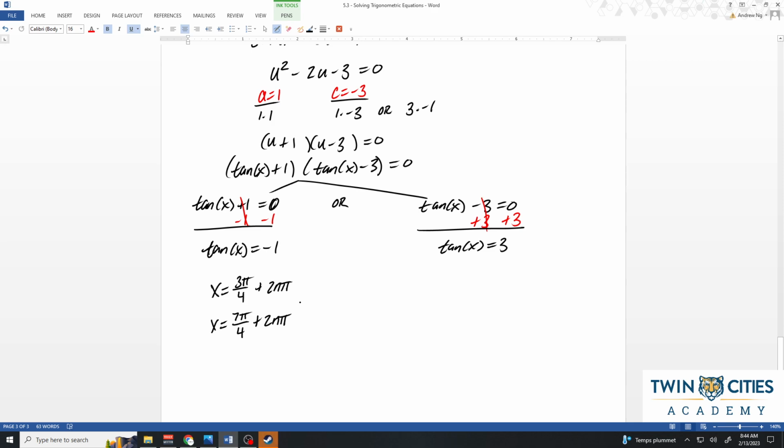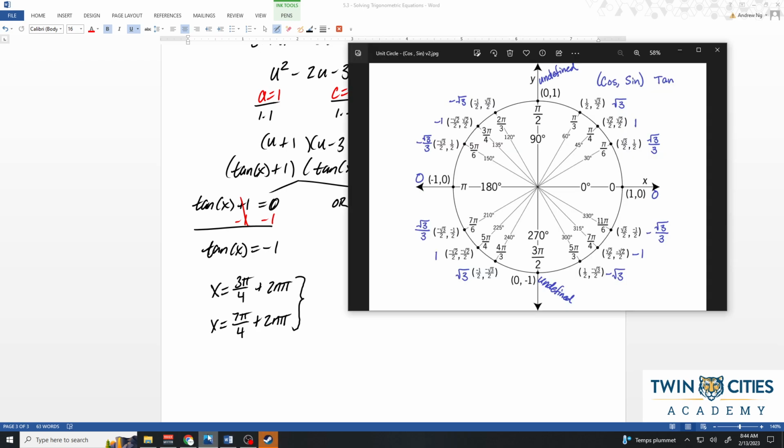Except there's a better way to write this. Instead of saying x is this and x is this, we can actually combine these together. What do I mean by that? Well, 3 pi over 4 and 7 pi over 4, notice that they are directly opposite of each other. 3 pi over 4 is right here, and right across the circle, exactly halfway across the circle, is 7 pi over 4.